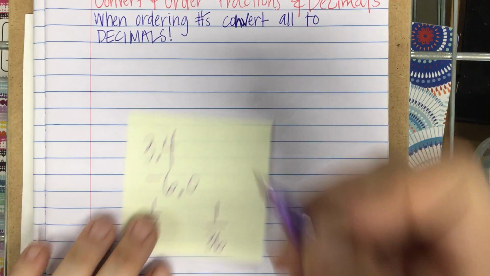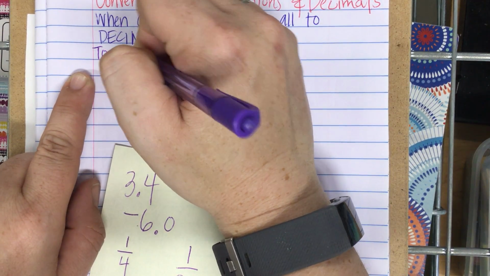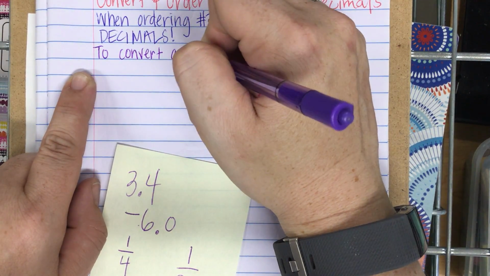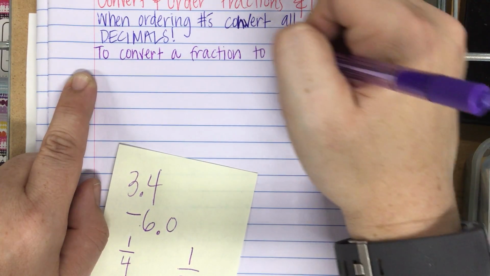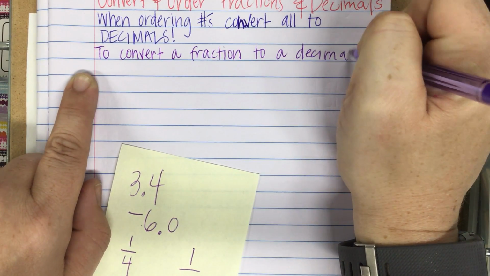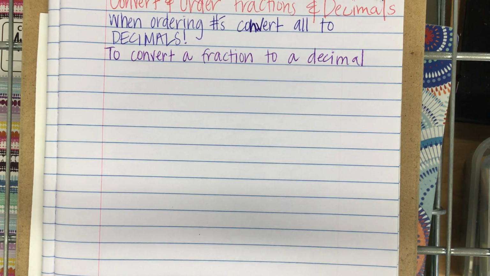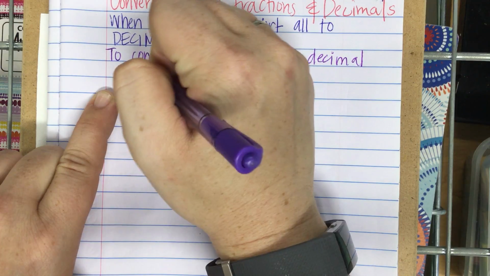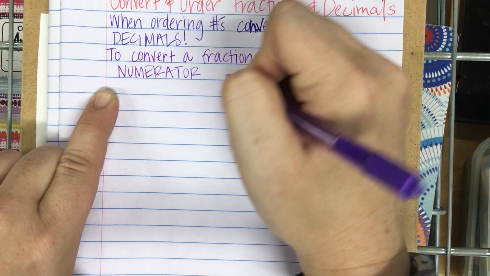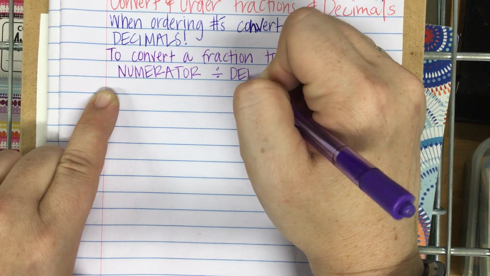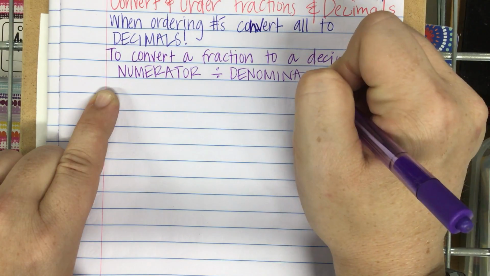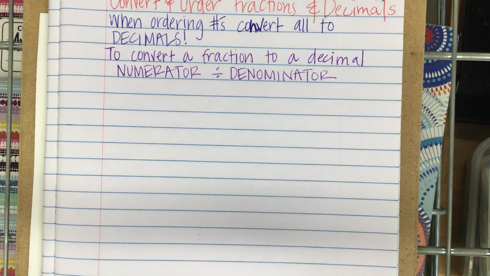I know. Okay, to convert a fraction to a decimal, you do the numerator divided by the denominator.